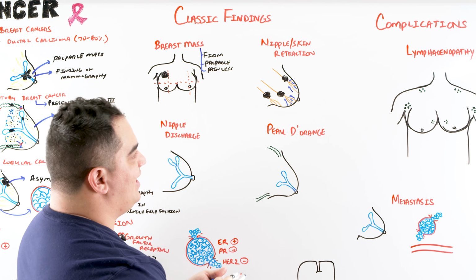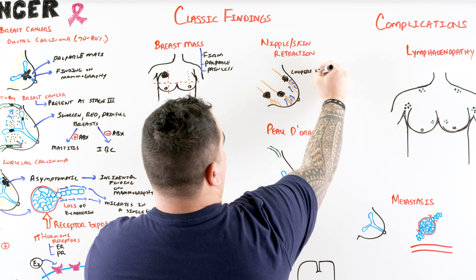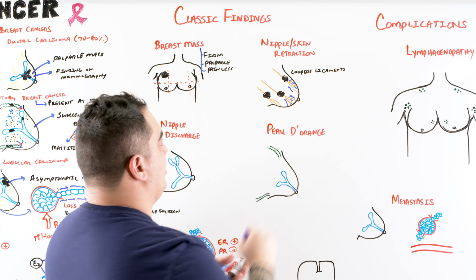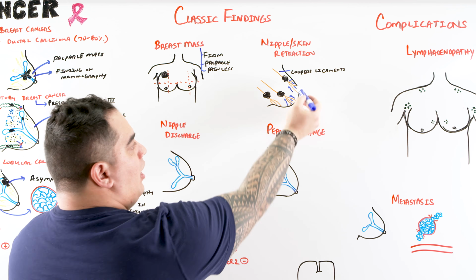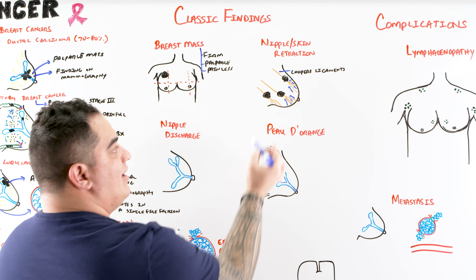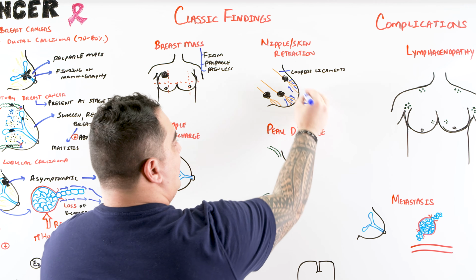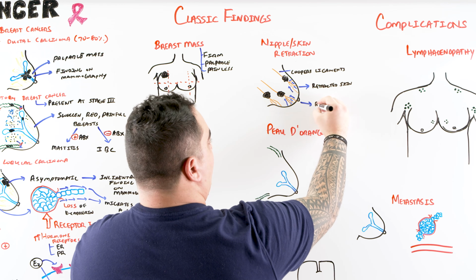And so that's what you see here, these are your Cooper's ligaments that are getting tethered by these tumors, and that's causing retraction or pulling of the Cooper's ligaments, which retract the skin or retract the nipple. And so that's what you could start to see here: retracted skin or a retracted nipple.